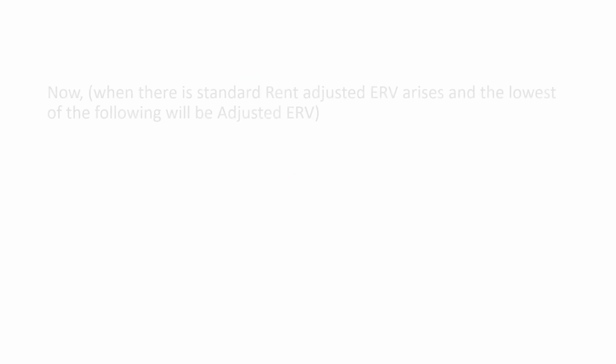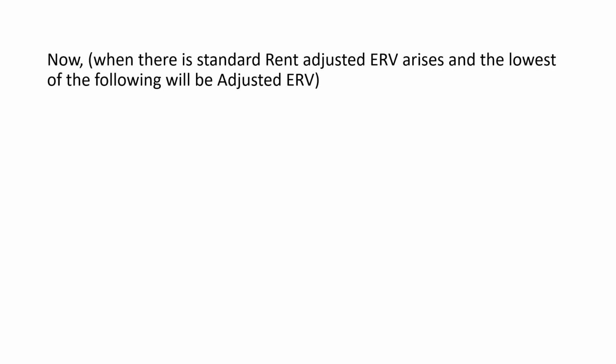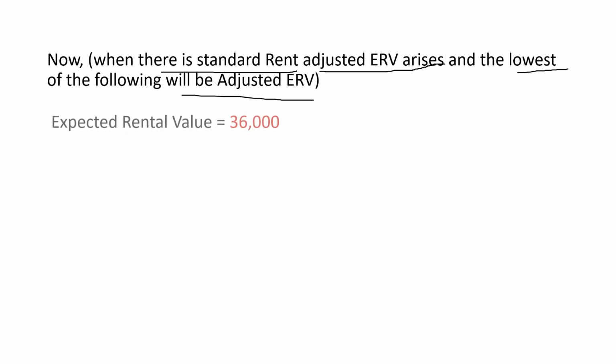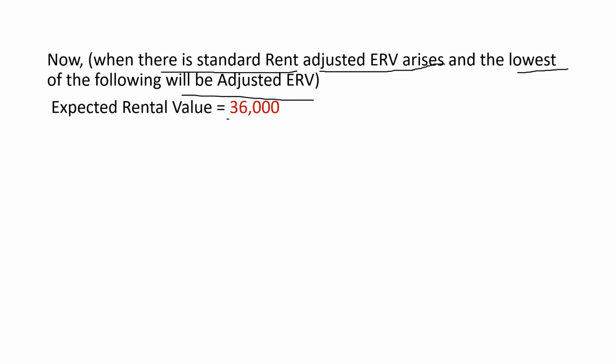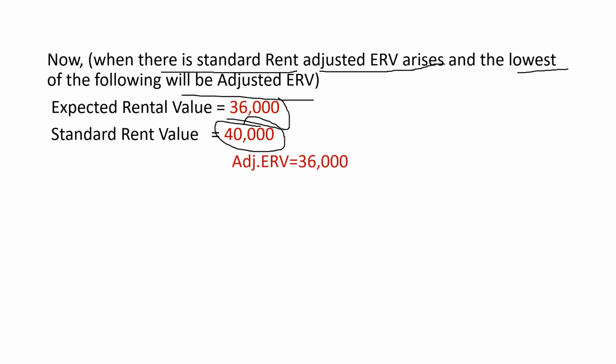Next, here also the same thing. When there is a standard rent, adjusted ERV arises and lowest of the following will be adjusted ERV. Expected rental value is 36,000. Standard rental value is 40,000. And lowest will be considered as adjusted ERV.